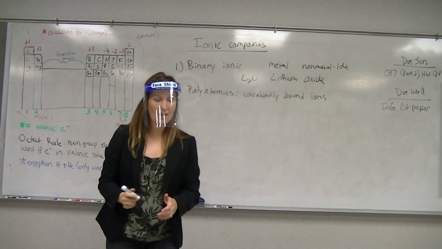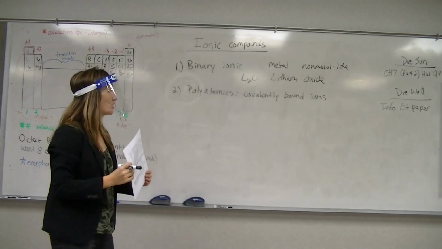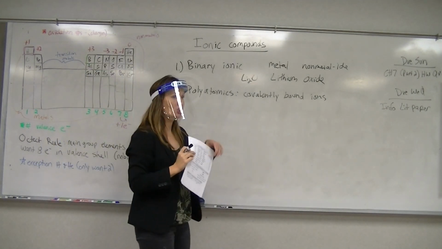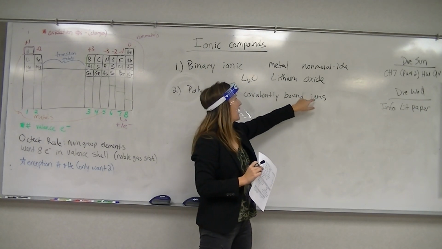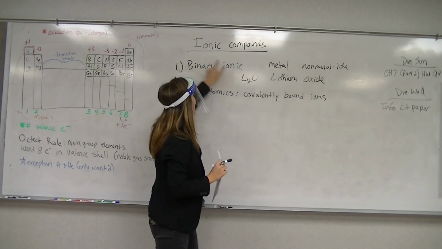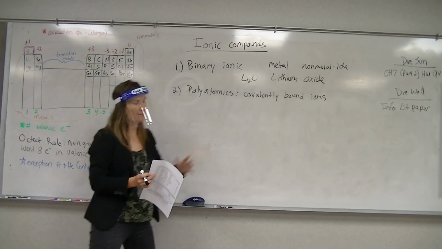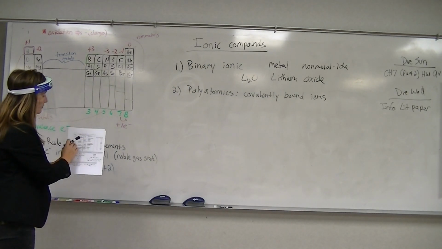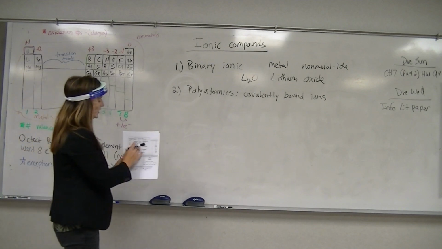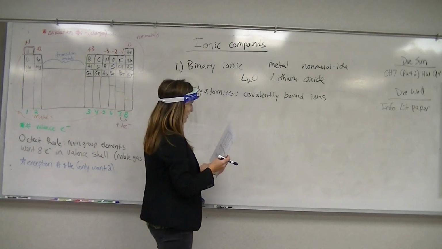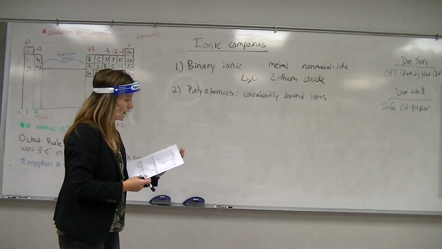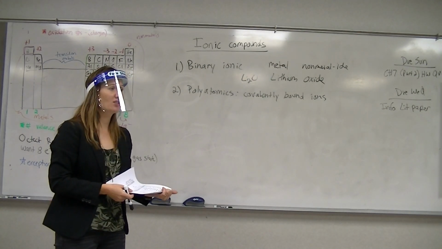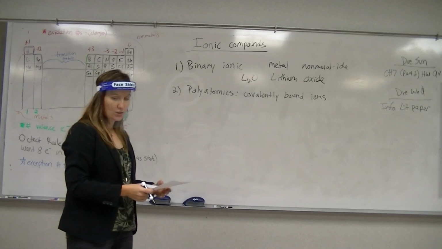So the ions themselves are bound covalently, so they're sharing electrons, but they have a charge. So since they have a charge, they're referred to as ions, and ions are present in ionic compounds, hence the name. So these polyatomic ions are only used to form ionic compounds. So naming these actually isn't that bad either. It's mainly just recognizing that there's a polyatomic in it. That's the hard part.